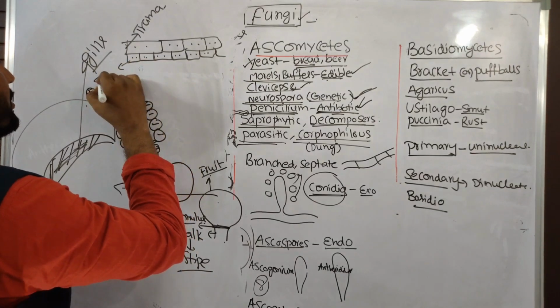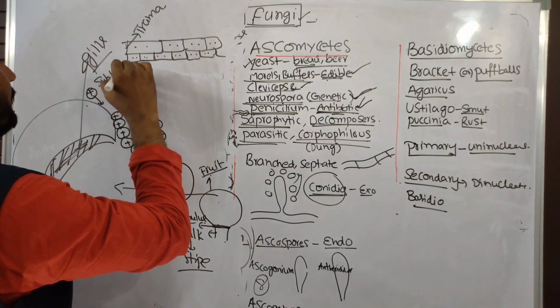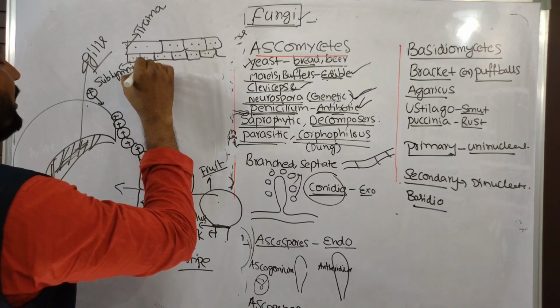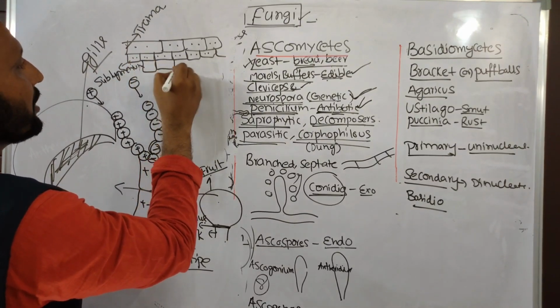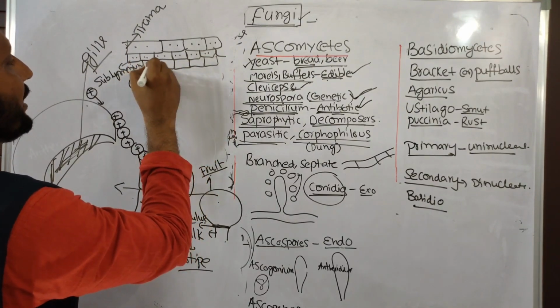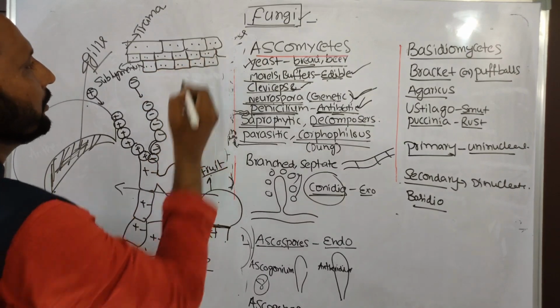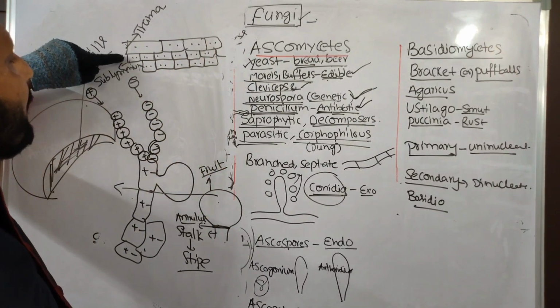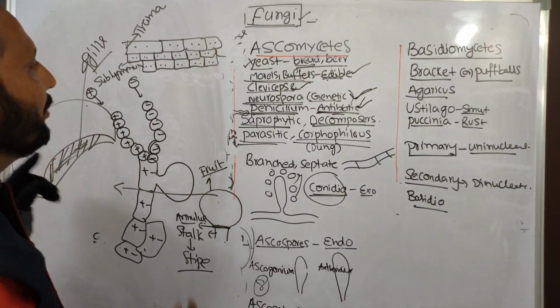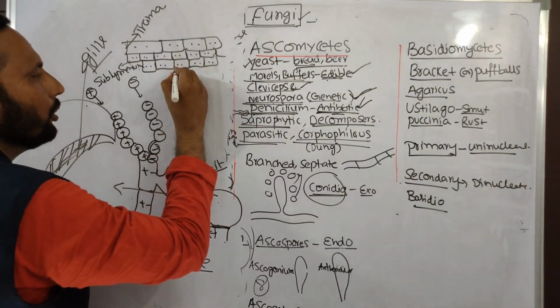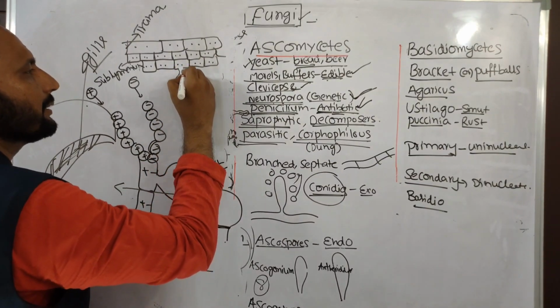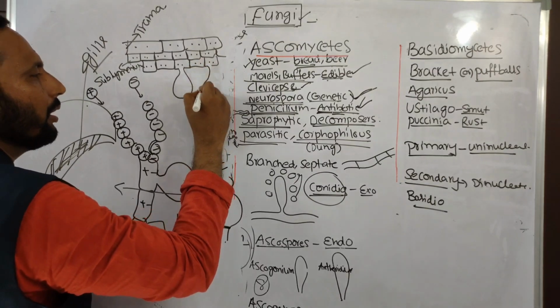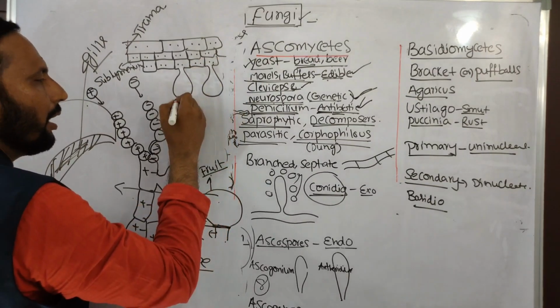So two nuclei are there. This is called the subhymenium. Now the subhymenium forms one more layer of cells, that is called the hymenium. So the trama forms the subhymenium, which forms the hymenium. Now the hymenium develops bulgy structures.